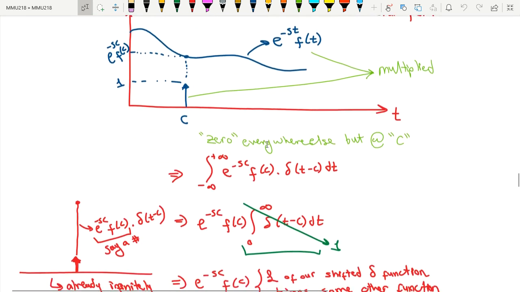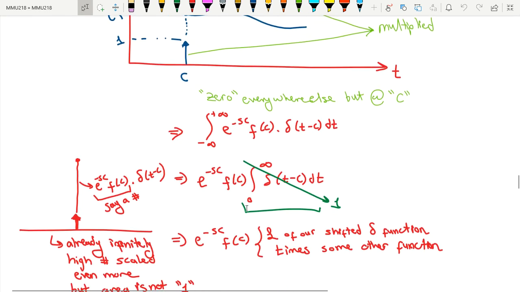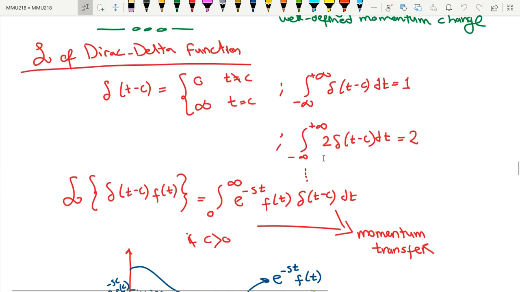That's my Laplace term, because it will simplify to 1 wherever I'm at c, and to 0 wherever I'm away from c. And this brings me a function that is just like a multiplier to my Dirac delta. When there is a multiplier, you can take it out, obviously.